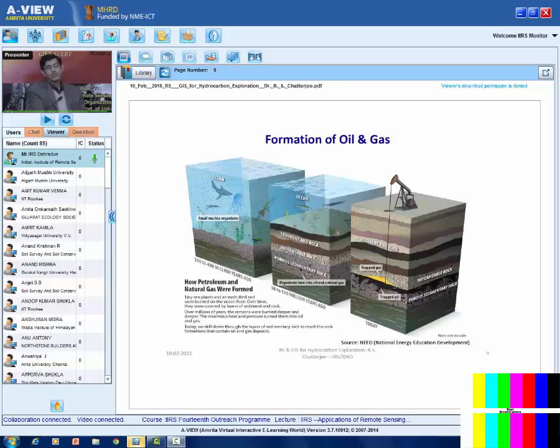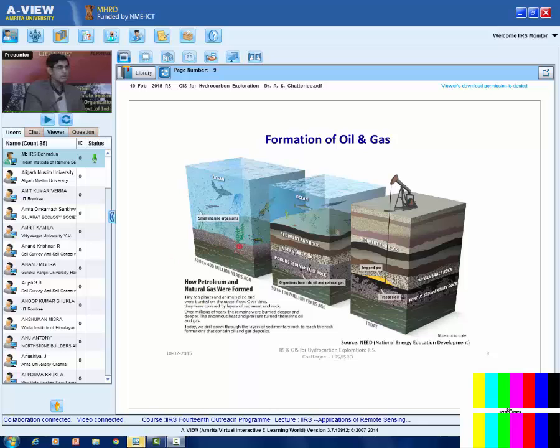Now we come to the beginning of petroleum, oil and gas, and how they are formed. Most of us know how oil and gas form. In the oceanic environment, there are sea plants and animals. When they die, they are deposited over the seafloor.